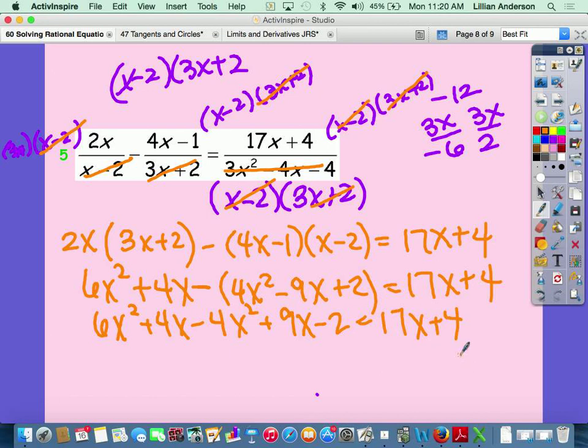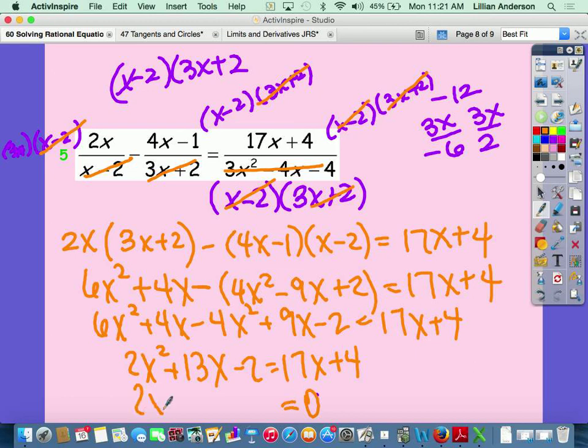All I did was distribute the negative and combine my like terms: 2x squared plus 13x plus 2. This one's very much like the other one. So what do I have to do? You have to minus the 17x and minus the 4, because they have to be equal to 0. So I have 2x squared minus 4x minus 6.